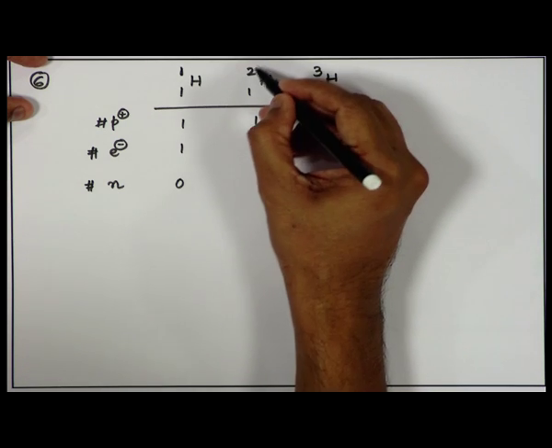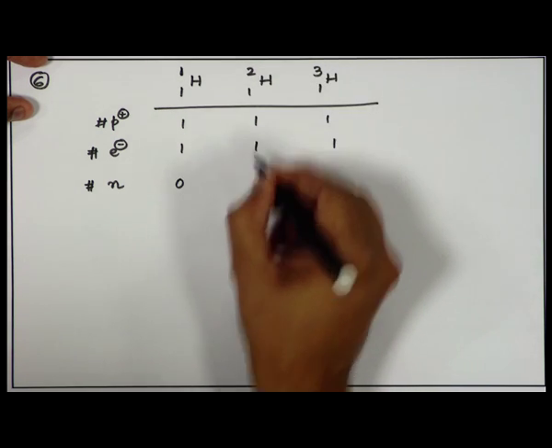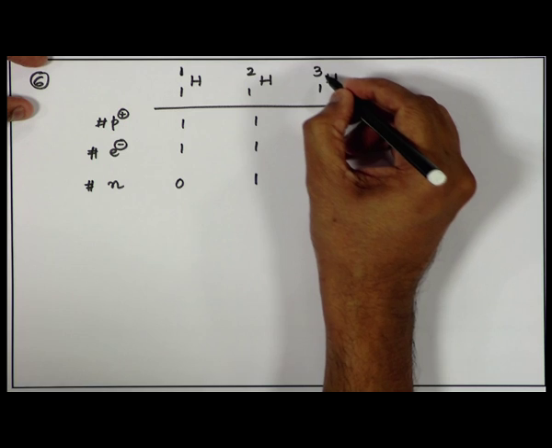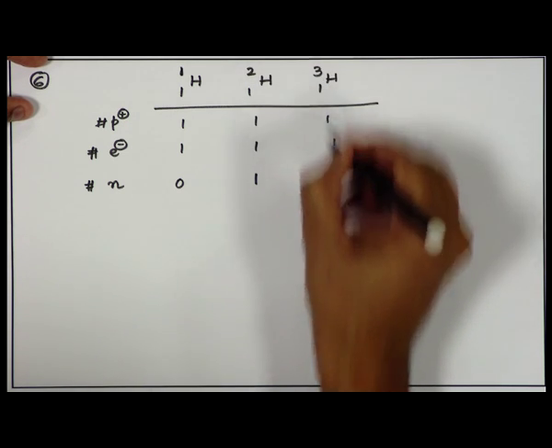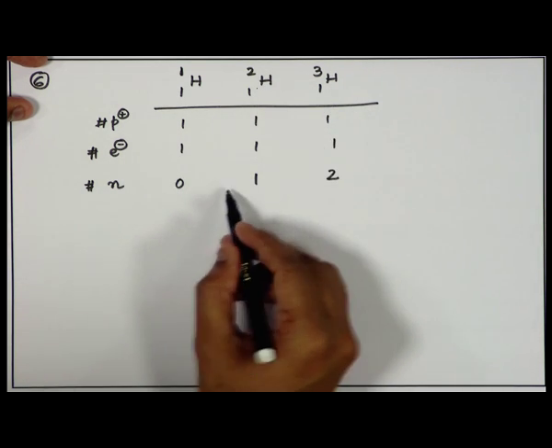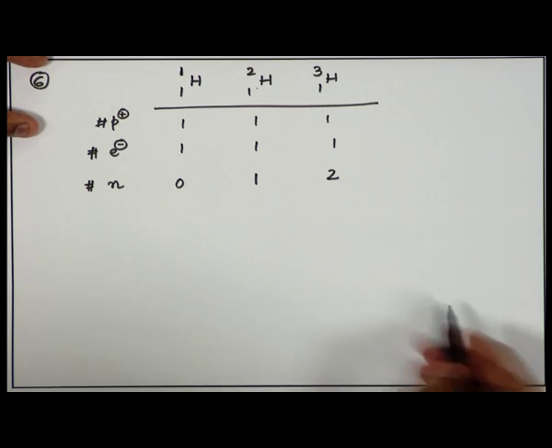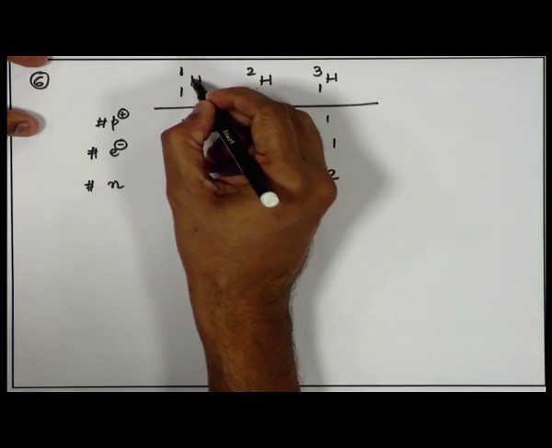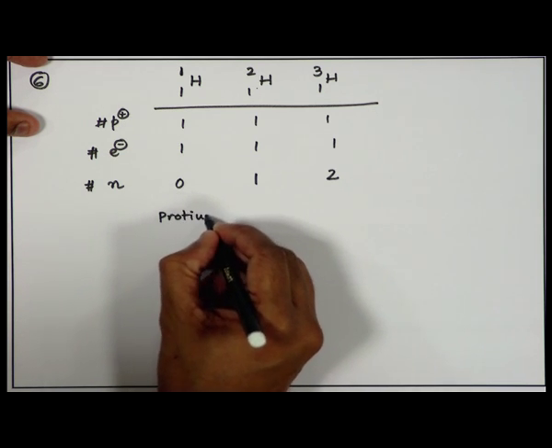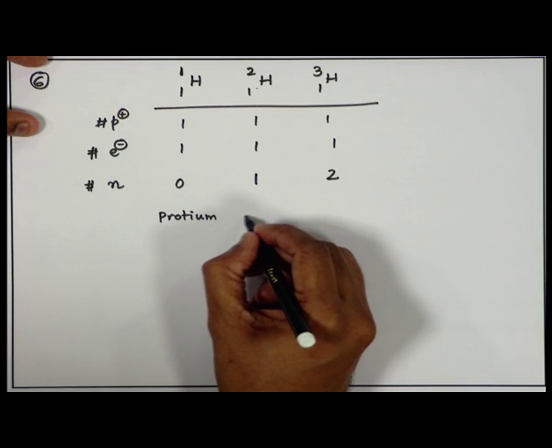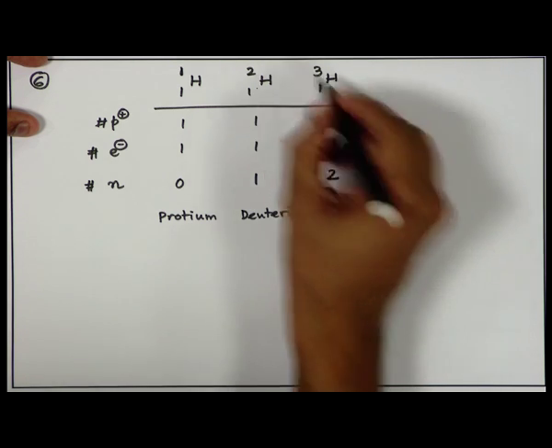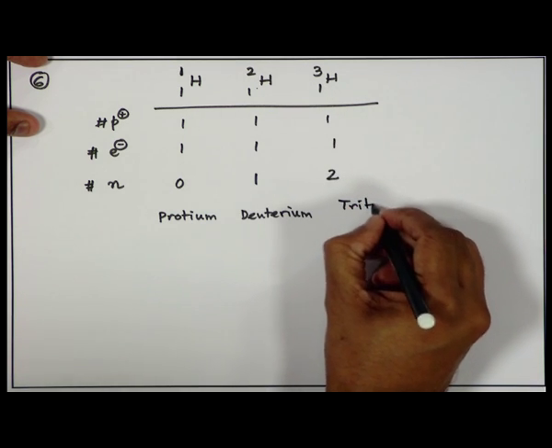In this case, the mass number is 2, the atomic number is 1. So, the number of neutrons is 2 minus 1, which is 1, and in this case the number of neutrons is 3 minus 1, which is 2. So, we see that these 3 species have different numbers of neutrons. Hydrogen 1 is called protium, hydrogen 2 is called deuterium, and hydrogen 3 is called tritium.